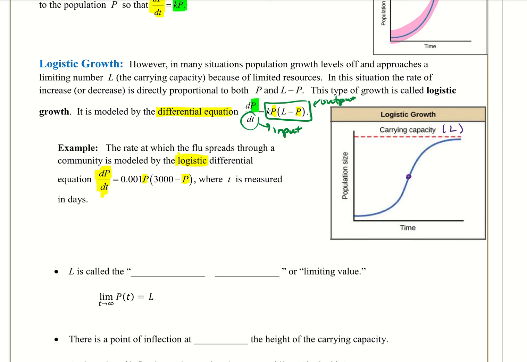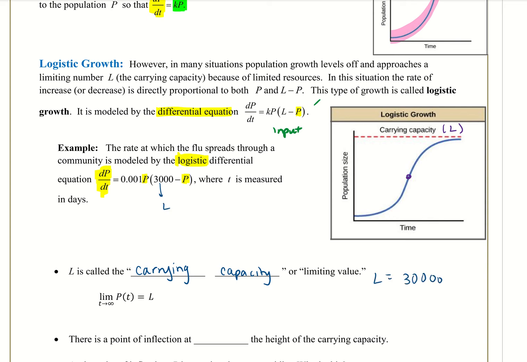So taking a look at this one, remember L was called the limiting capacity, or I'm sorry, the carrying capacity or the limiting value. In this particular equation, we can see where that is because it'll be L minus P. So this is L. So for this problem, L is equal to 3,000.